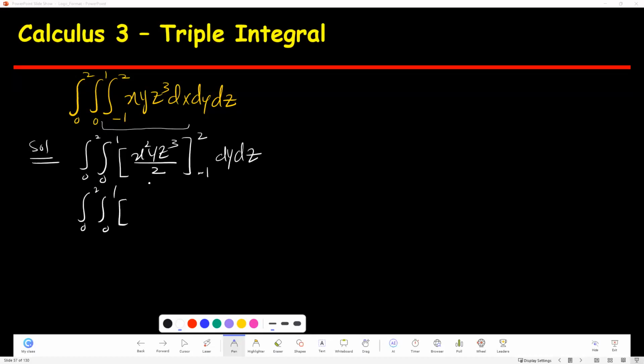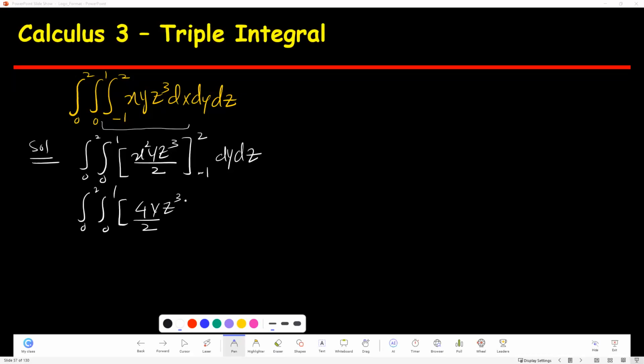It's going to be 4 over y z cubed divided by 2. Okay, and then the lower limit is going to be -1 too.